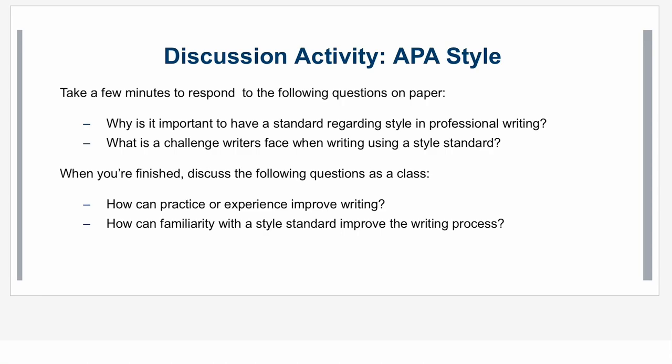Because if it's all the same standard, you're not going to be completely thrown off or confused by something, or not know where to look for something that you need for your own research or just reviewing the research at hand. But of course, there's many other reasons as well that you might be able to think of.